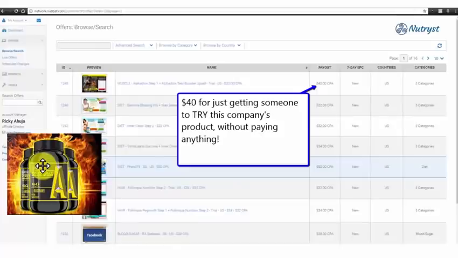So these are the extreme versions, if you know where to look, of ways you can make a ton of money recommending products to other people, but you have to know the industry and where to look. The sky is the absolute limit in monetizing your traffic and monetizing your funnel.